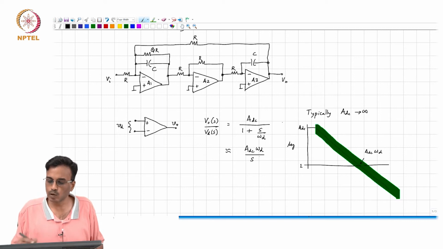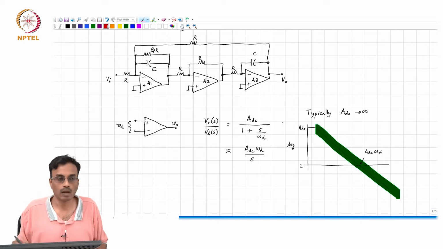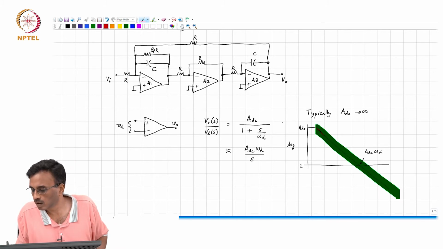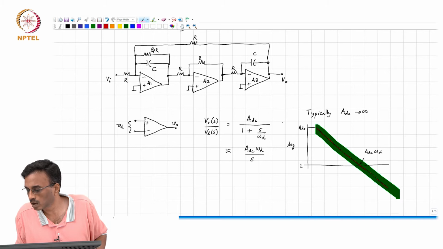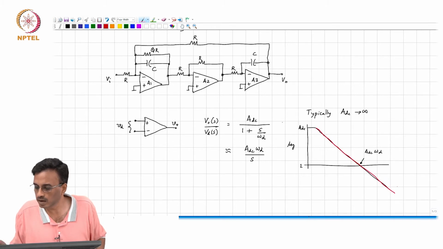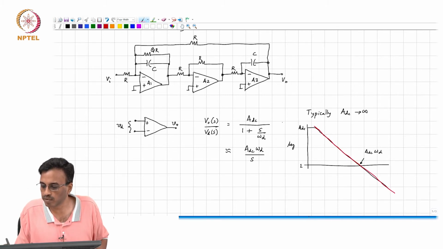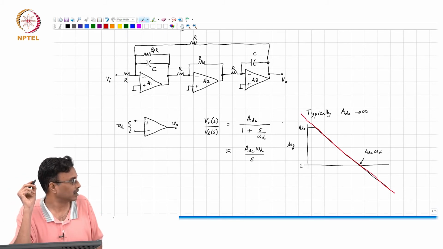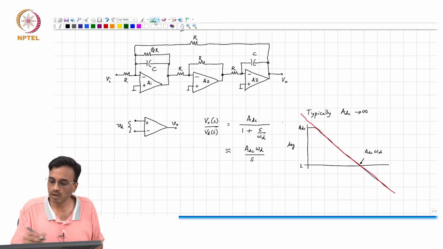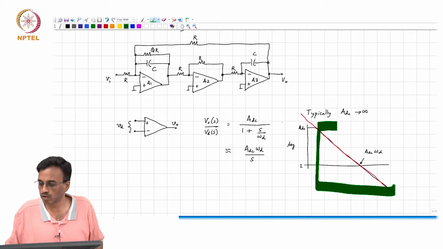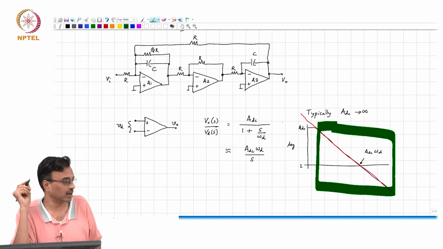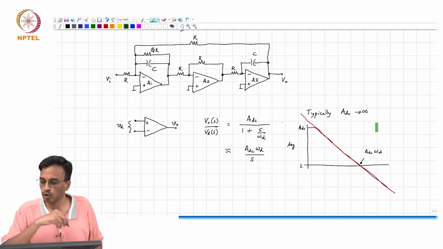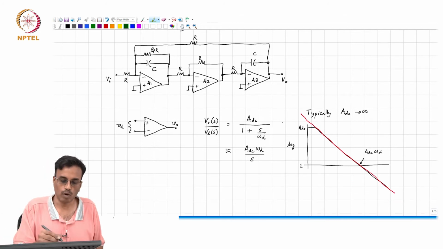How does the transfer function of this look like? Well, that will look like this all the way here. The only difference is that it keeps going to infinity at DC, and so over a large part of the frequency range, you can see that this approximates the characteristic of the op amp, the transfer function of the op amp rather.